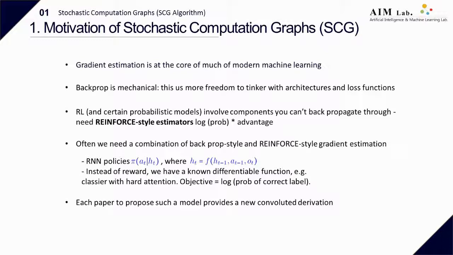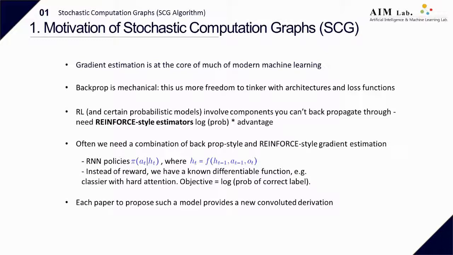Sometimes we need a combination of both estimations when we use a recurrent neural network as the policy. The policy comes from the neural network, and h is the hidden state in the RNN. At every time step, we cannot see the full hidden state, so we need another way to calculate the estimator.